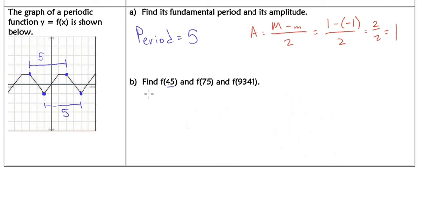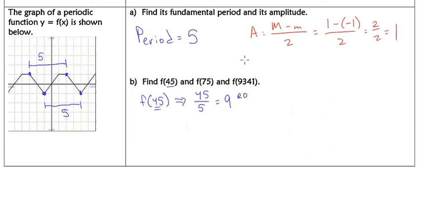We're going to take f of 45 and we are going to divide our input by the period. So our input being 45 divided by 5, that's how many units in the period, and we get 9 with a remainder of 0.